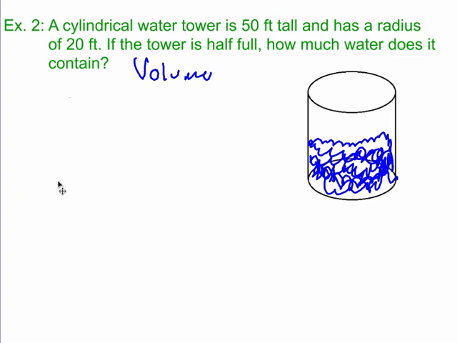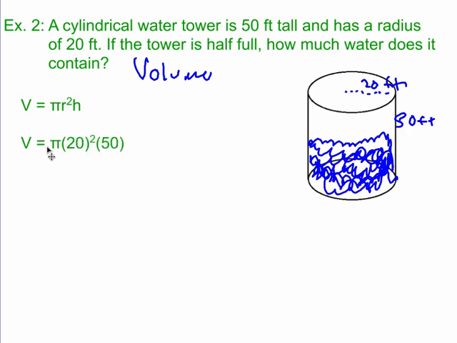Volume is pi r squared h, and I know that the radius is 20 feet and the height is 50 feet. That's pi times 20 squared times 50. 20 squared is 400, so 400 times 50 is 20,000 pi.